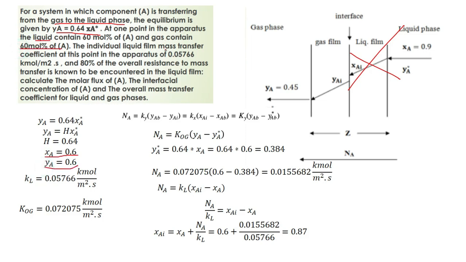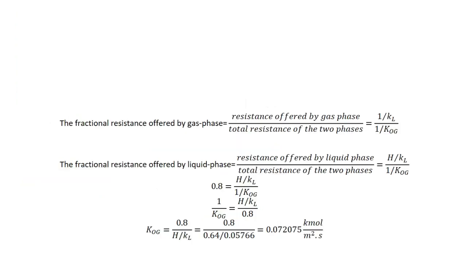The individual liquid mass transfer coefficient at this point is 0.057. Individual and liquid, so I will write small k, and for liquid I will write L. So it is given. Now he has asked you that 80% of the overall resistance to the mass transfer is known to be encountered in the liquid film.